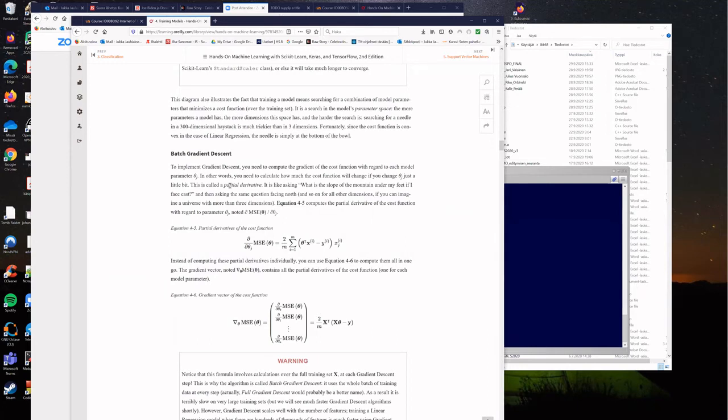So mathematically, this is done by doing the partial derivative. If you have many variables in your model, you have to differentiate every one of those and take the direction of the derivatives and always go in the most negative direction.